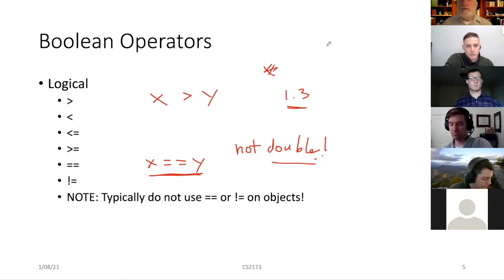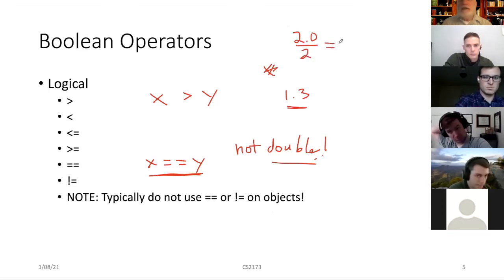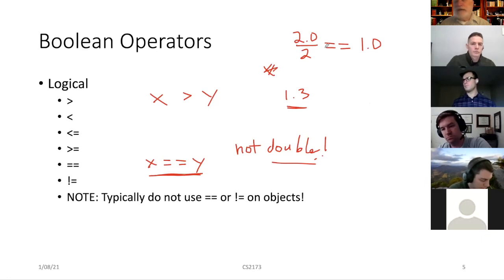So just as an example, if I have 2.0, and I divide by 2, and I want to test whether that is equal to 1, this may be false. This can actually come up to be false. Now, for this particular one, it may be true, but if I use slightly different values, then it could be false.